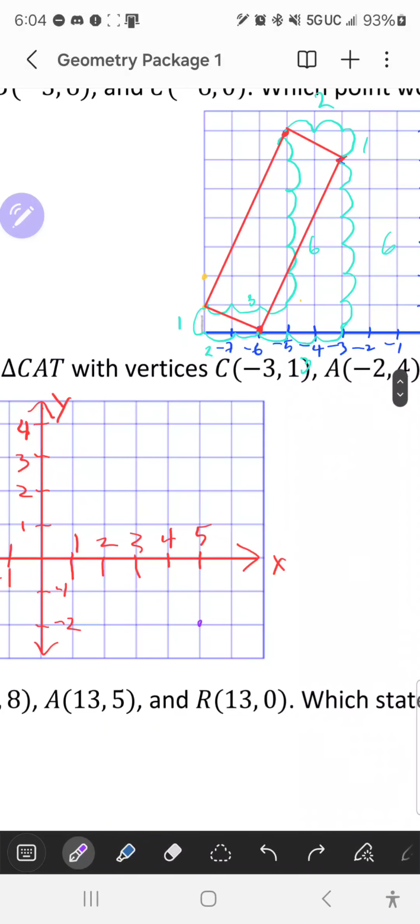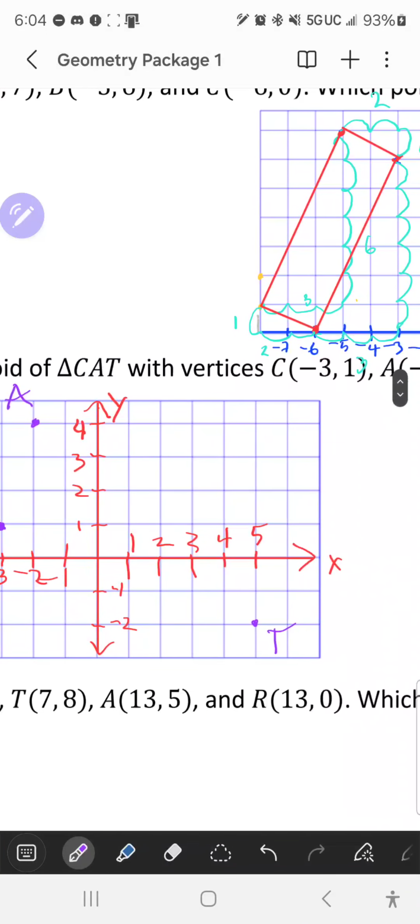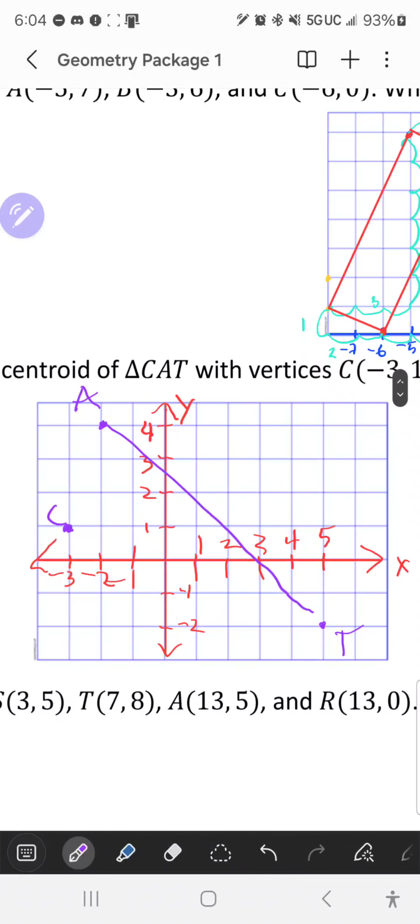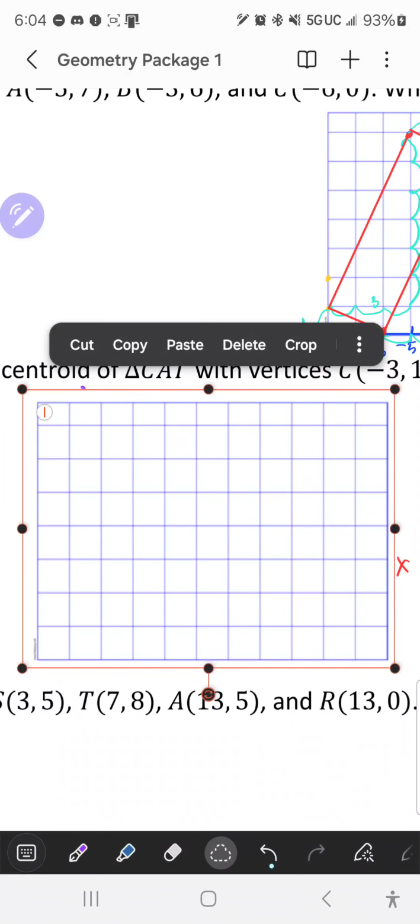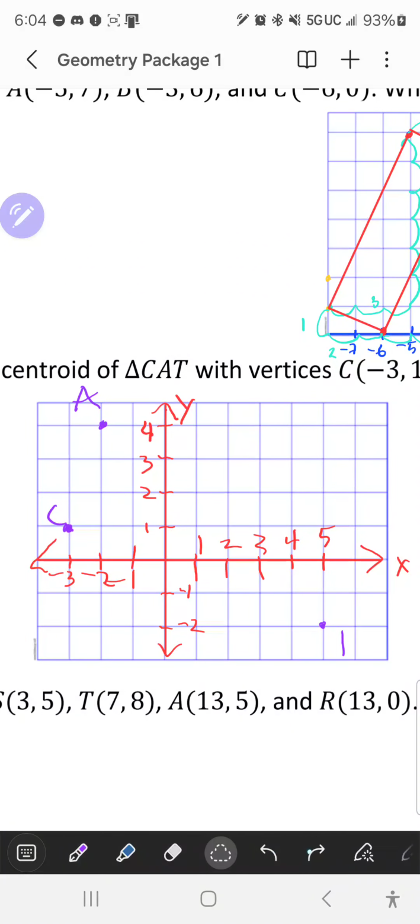So this is A. This is B. This is the triangle. Okay.